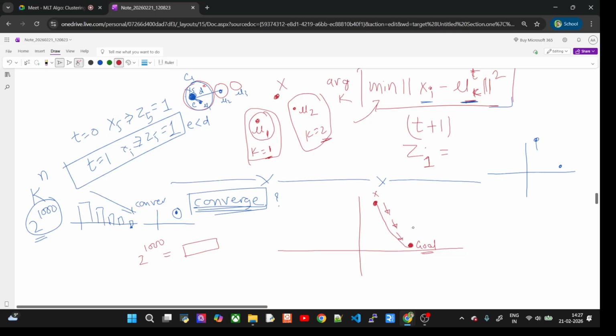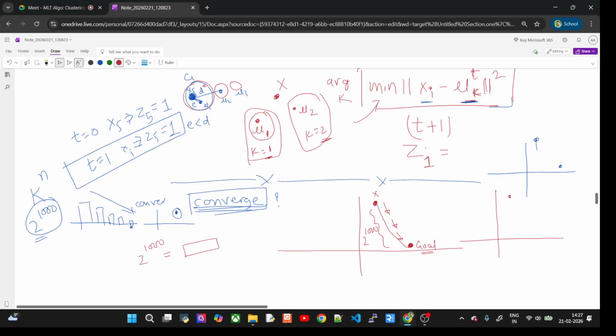But the point is, how many times do I need to search? I need to do it 2 to the power 10,000 times, then I will come to this final point. But is it worth it, because it is very time consuming? Or do we have any other way of feeling happy?